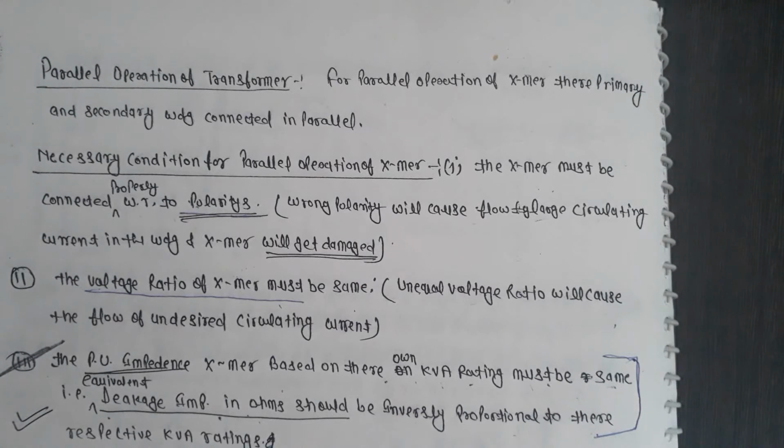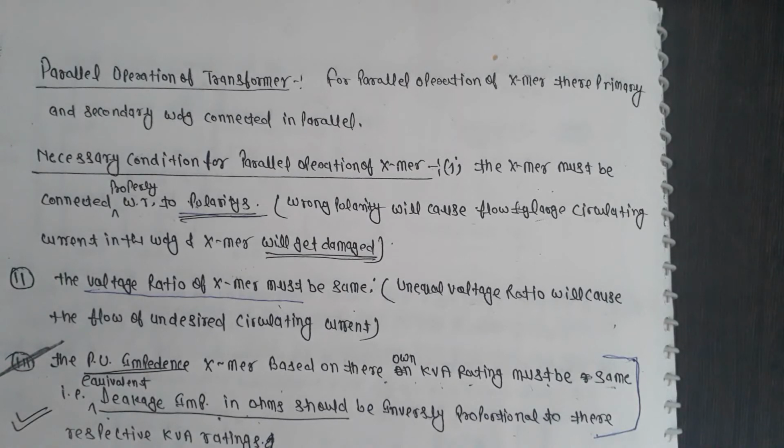Unequal voltage ratio will cause the flow of undesired circulating current. If the voltage ratio is not the same, then undesired circulating current flowing through the windings may damage our transformer winding. They must be taken into consideration.